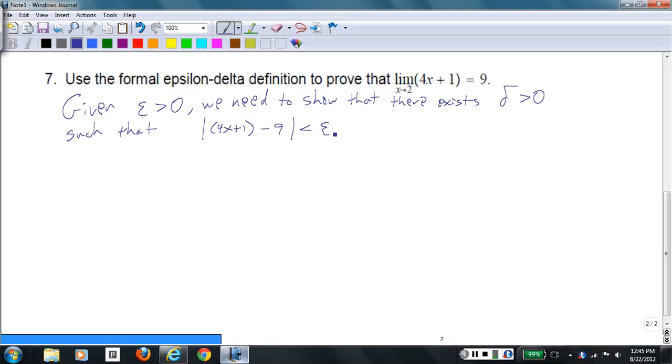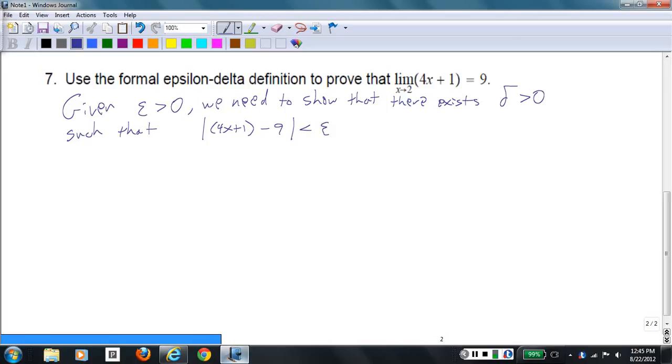Last time we talked about if 4x plus 1 is approaching 9, eventually it has to get really, really close to 9. You can't approach 9 without getting really, really close to it, eventually. So 4x plus 1 is approaching 9. Well, how close do we want it to be to 9? Let's say it's got to be this close.